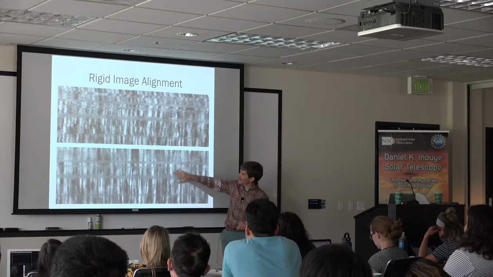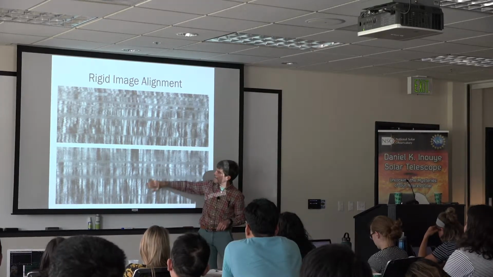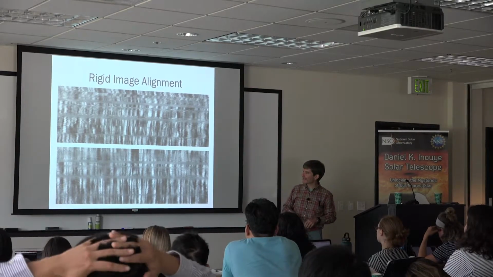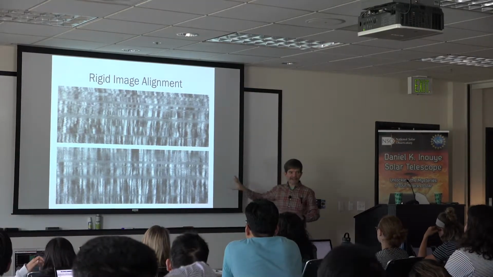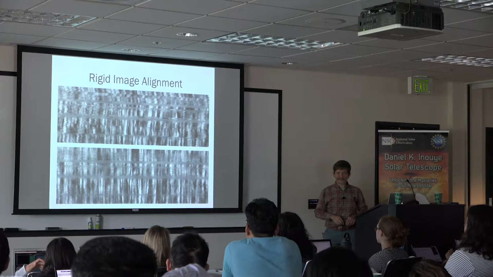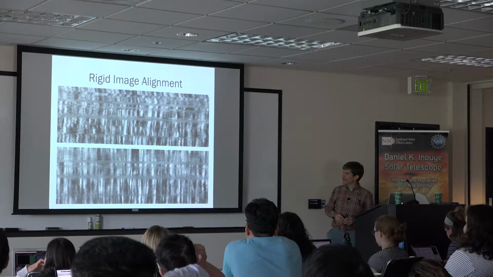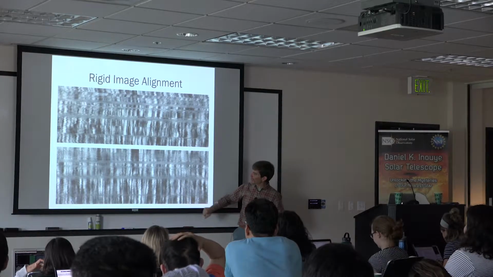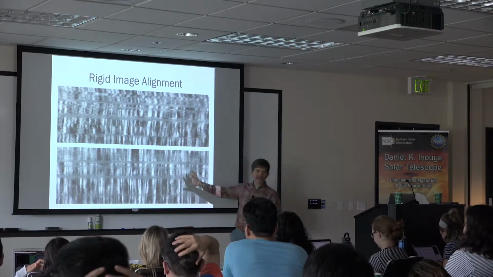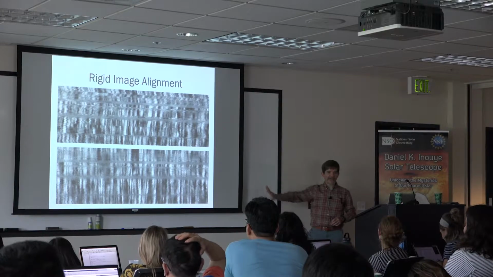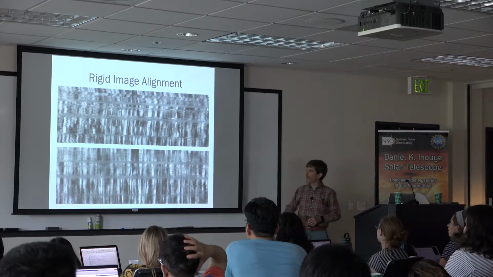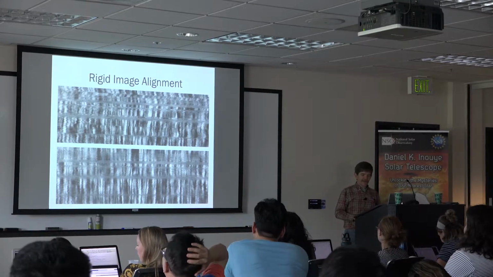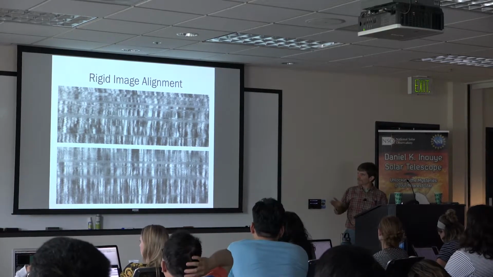You see the continuous features running through this XT slice, and so that tells you that it's at least rigidly aligned pretty well. There's still some jumps at times in here, but overall we see a nice consistent pattern looking through time, and we're confident we have the images fairly well aligned rigidly.